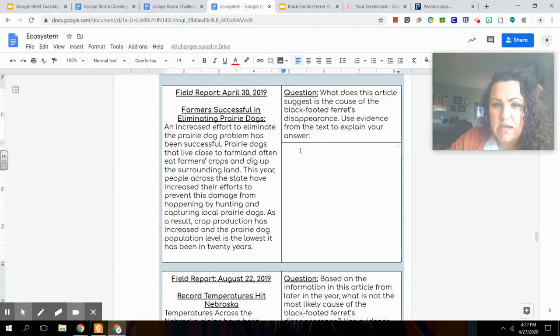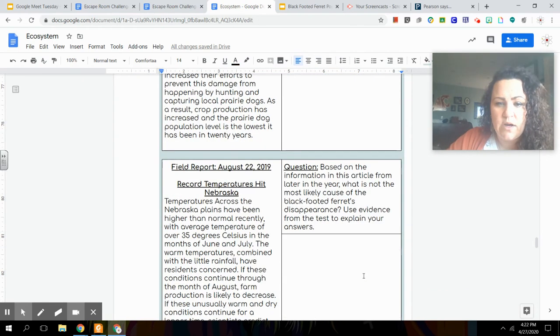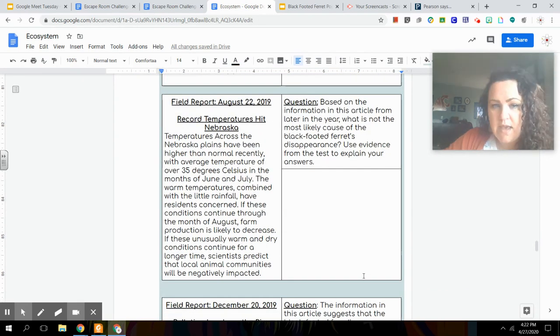Boom. Type right here. Use evidence from the text to explain your answer. This is the text I'm talking about, okay? So you could use complete sentences to give me a thorough thought there. Okay, let's move on. Then look, here's another field report giving us some more information on what may have happened to the prairie dog. Here's your question. You're going to type in your answer right here in that field box.